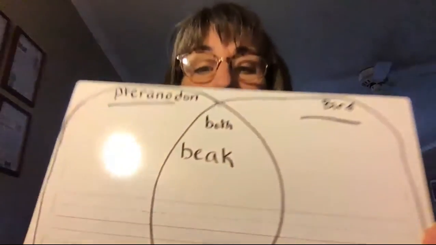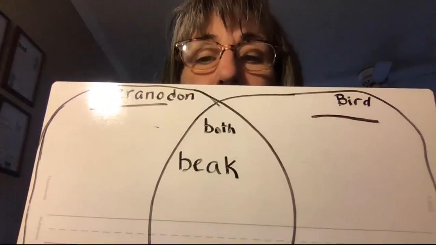So let's say some things that are the same about a bird and a pteranodon. Birds and pteranodons both have, I'm going to write beaks. Is that what you were thinking? If you weren't, that's okay. You can write what you were thinking. They both have a beak. So right in the middle, I wrote the word beak. They both have wings.